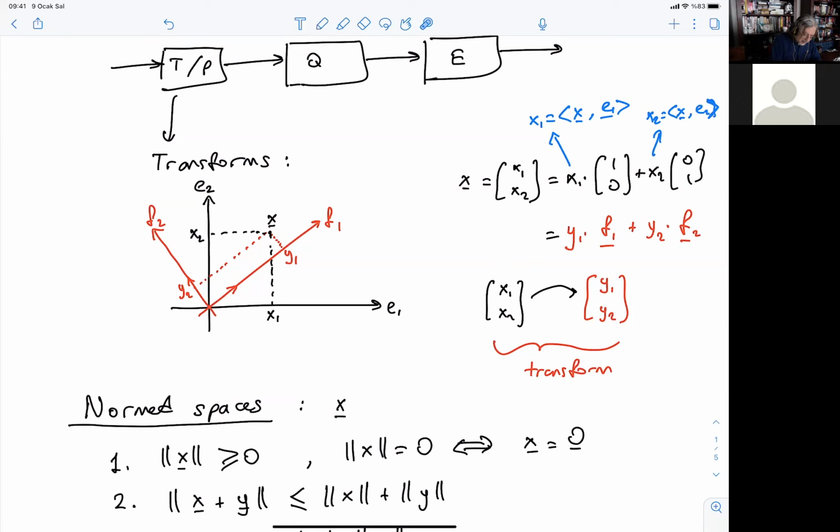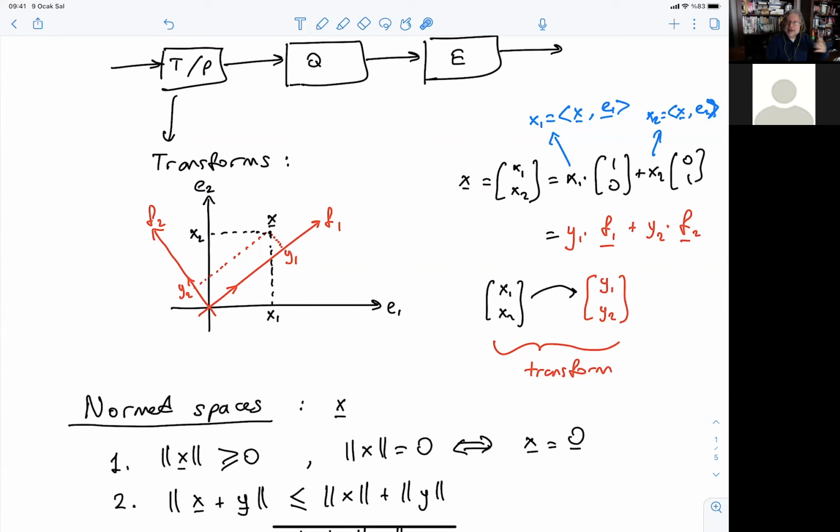The same is valid for y1 and y2 too: y1 is equal to the inner product of x and f1, and y2 is equal to the inner product of x and f2. As simple as that. They're just inner products. These scalars can be obtained as inner products.